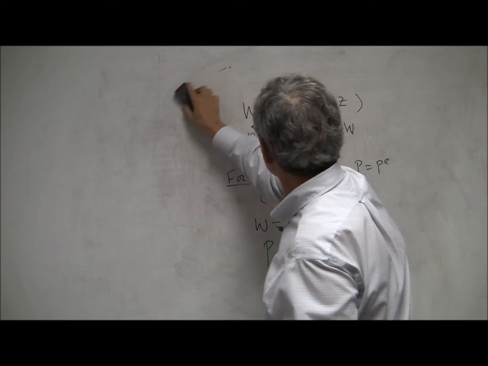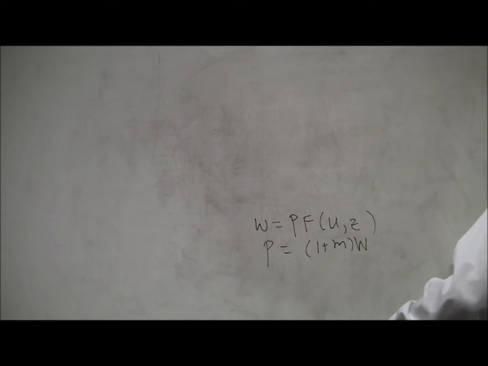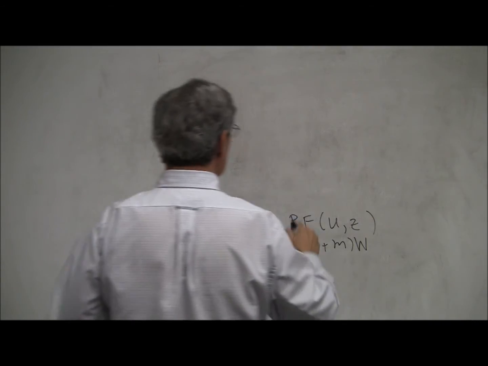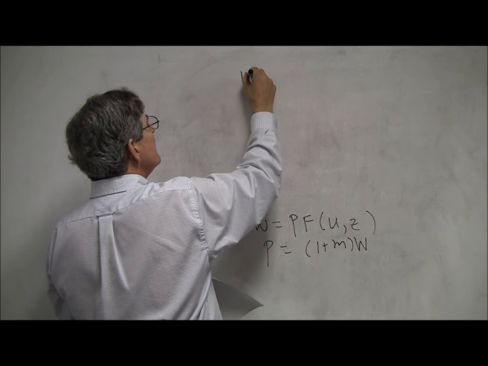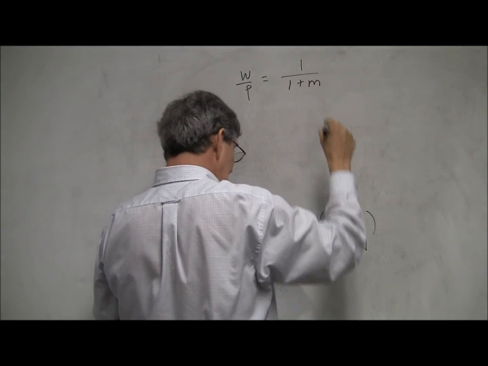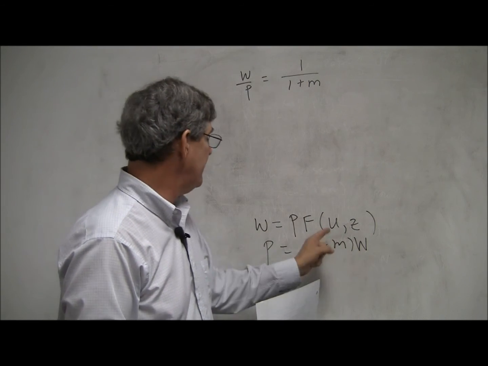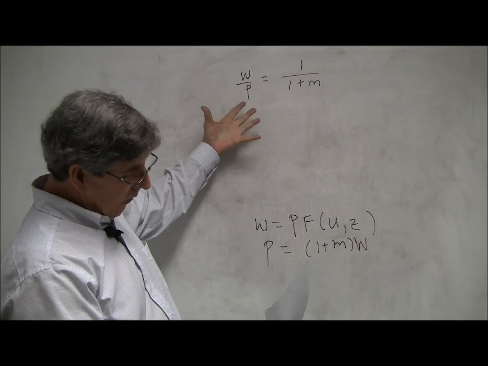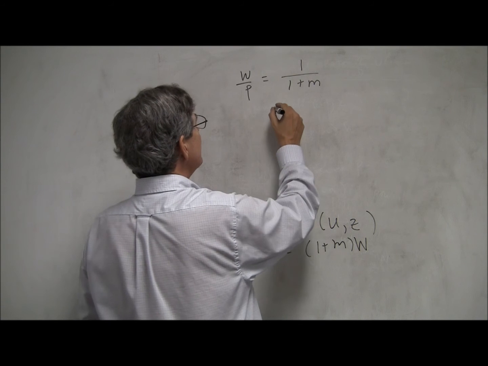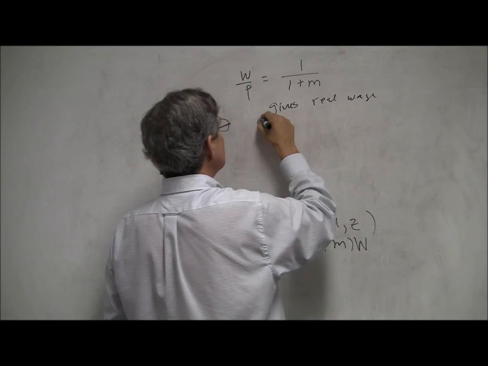Let's rewrite those equations in a simpler form. Let's work with the second one first. From this equation, we can say W over P equals 1 over 1 plus M. I bring the P down under here, the W over P, bring this to the other side, 1 over 1 plus M. So this gives the real wage firms pay.